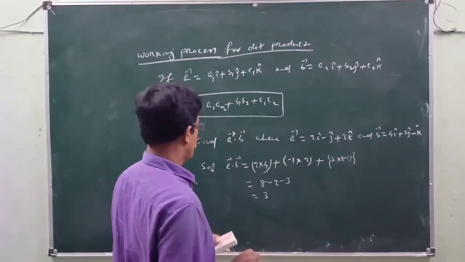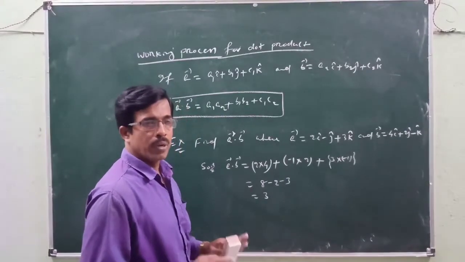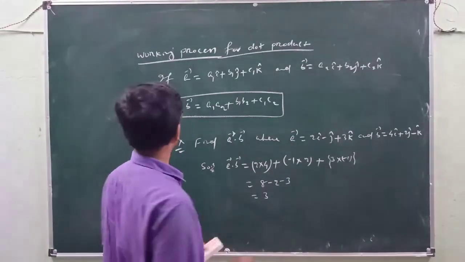Similarly, you find the dot product of all vectors, that means the scalar product of all vectors.